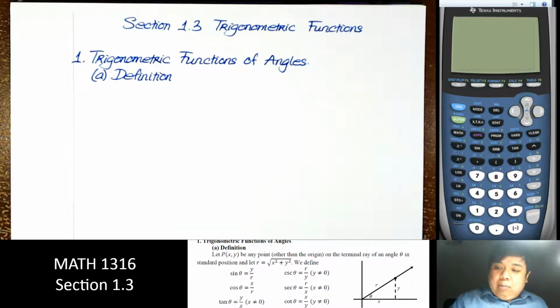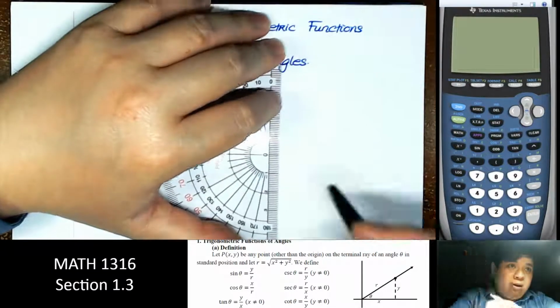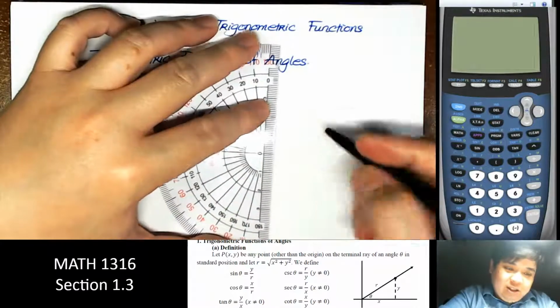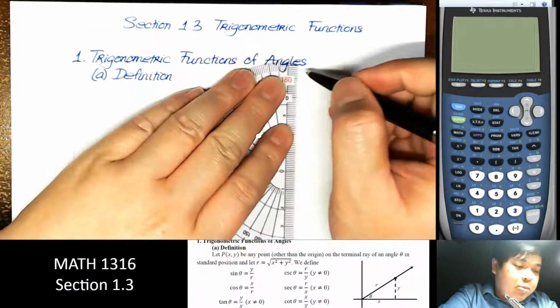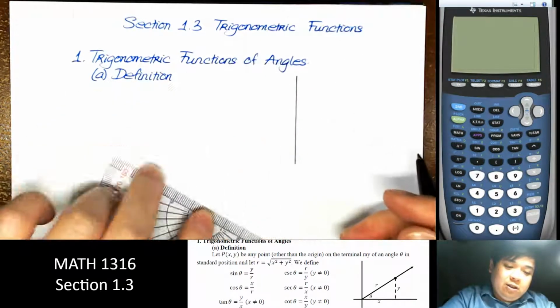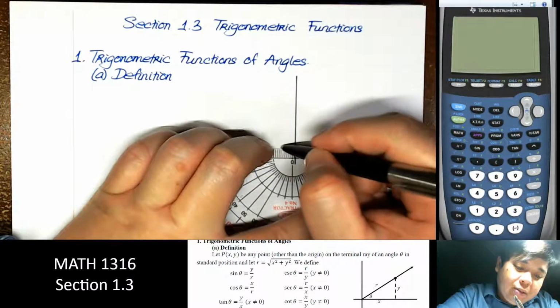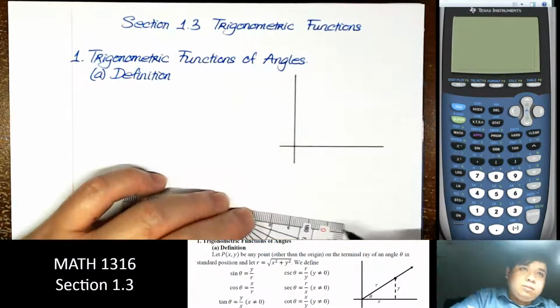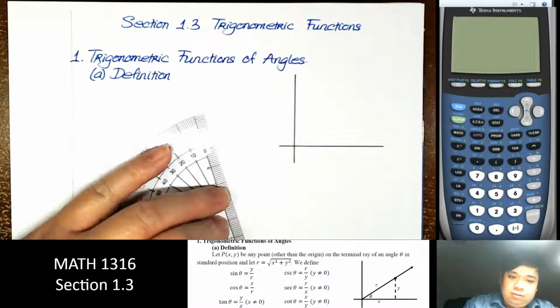Right. I'm not going to write out everything, just draw the triangle like we have earlier, like we have on that side. Let's see, we have the angle in the standard position. And it doesn't have to be in the first quadrant.